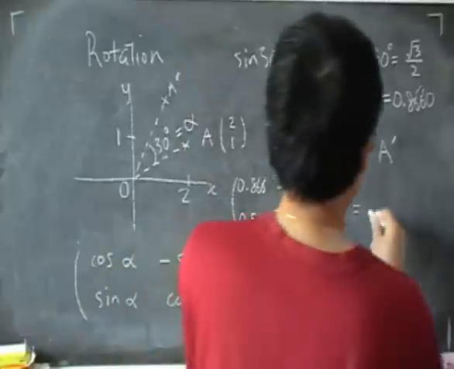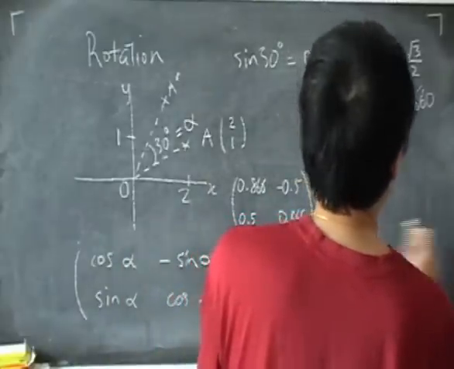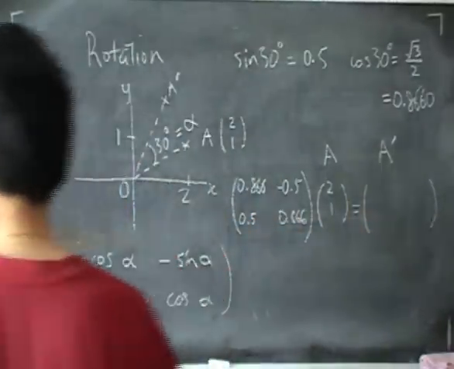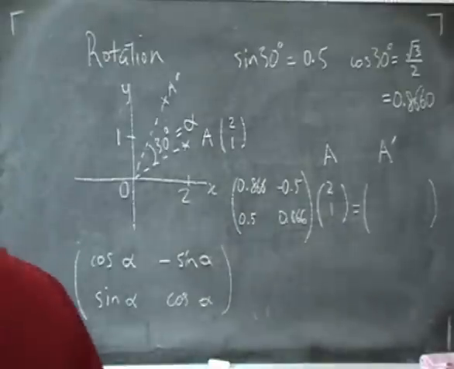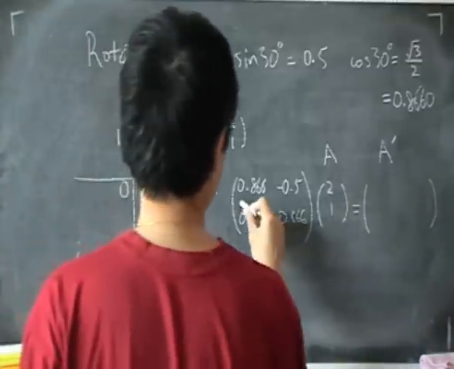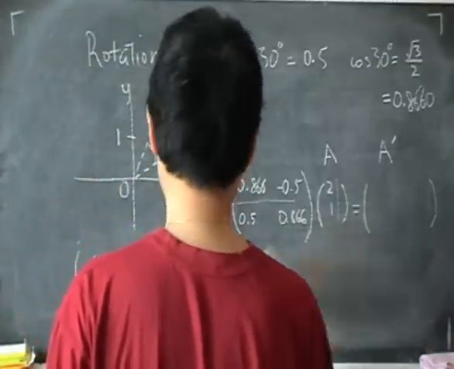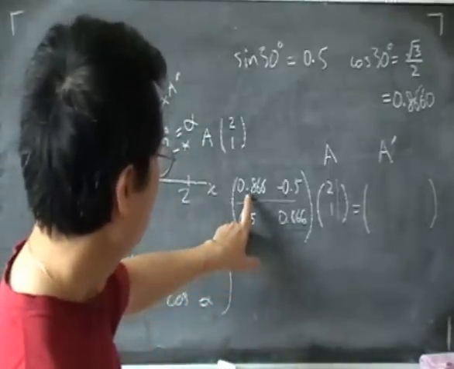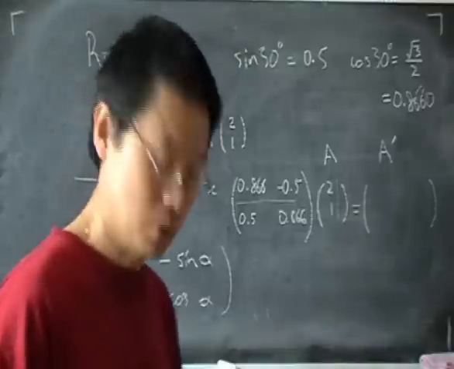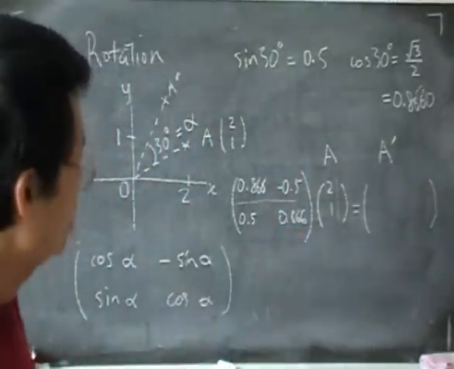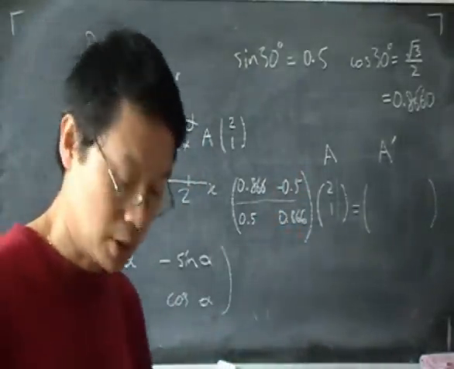This will be a little more tricky. Let's try it. Now I need to multiply the first row by the first column there. So I start with 0.866 times 2. And again, we can use a calculator.